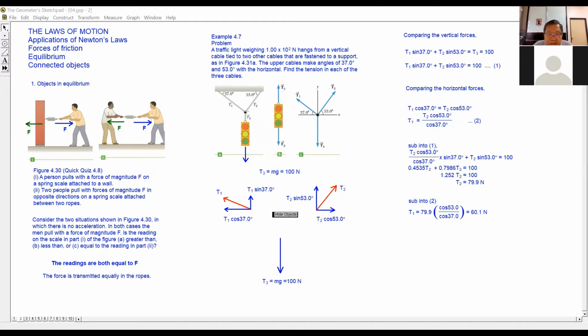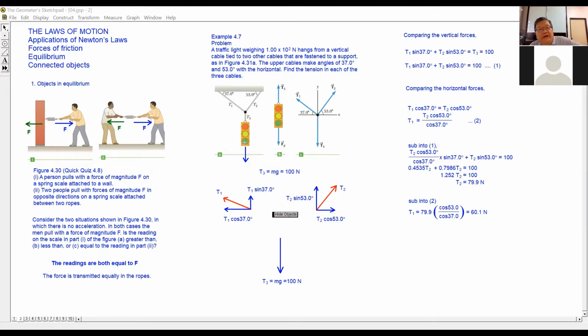Now this rope number 3 is tied at the point here with two other ropes. The rope number 1, which produces a tension of T1, and rope number 2, which produces a tension of T2. So when we look at the force diagram, the T1, the T2, and the T3, they are the three forces acting at this point here. And these three forces balance one another.